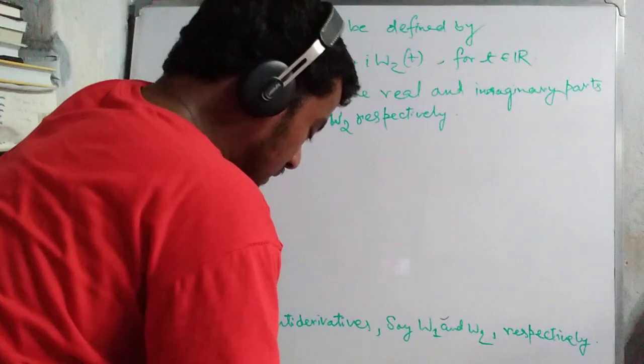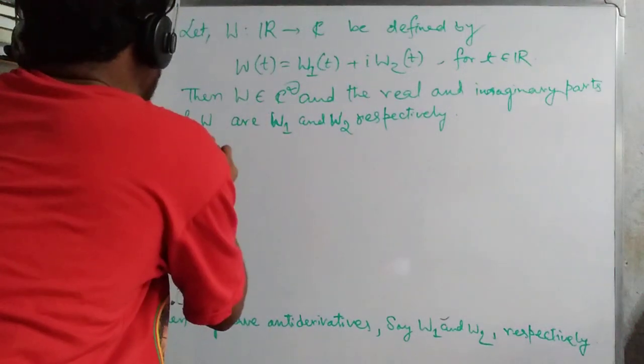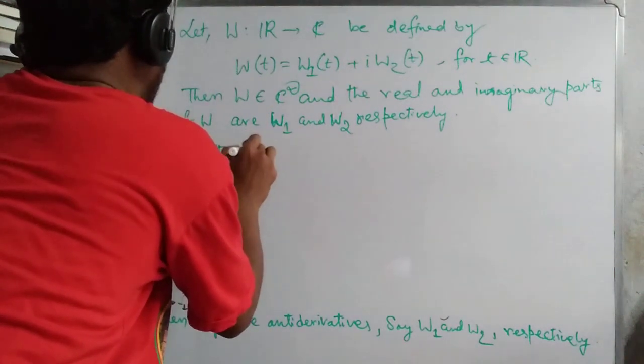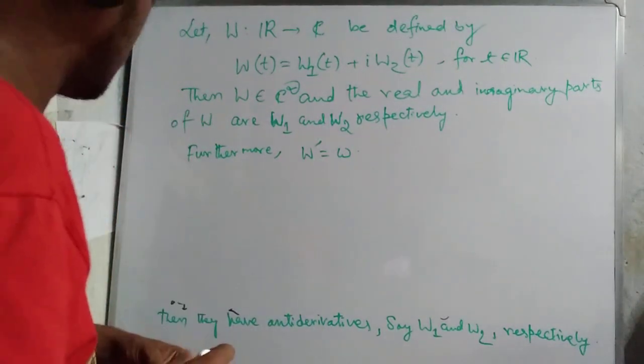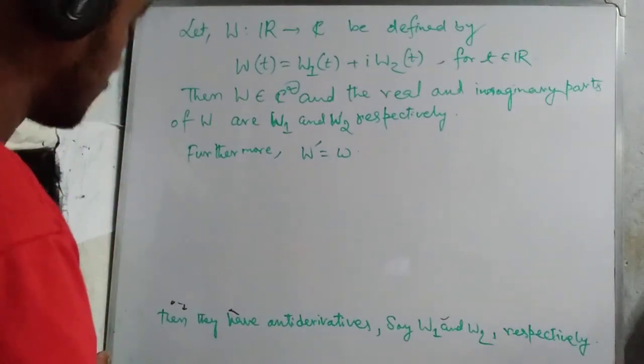Furthermore, capital W dash equals small w.